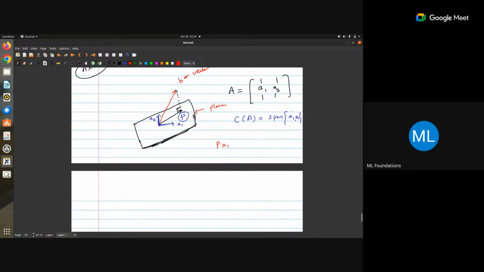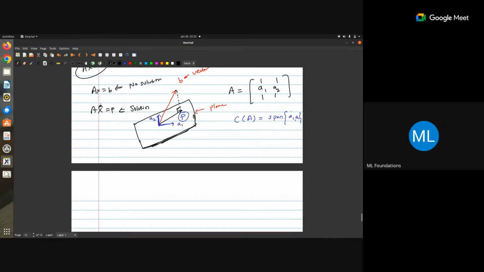Initially my equation was Ax equal to B. Now instead, I am saying Ax hat equal to P. We didn't have a solution for the first, but do we have the solution for this? Yes. But this x and this x hat will not be the same. It is different; that is the approximate solution we call it, but we don't have to worry currently.